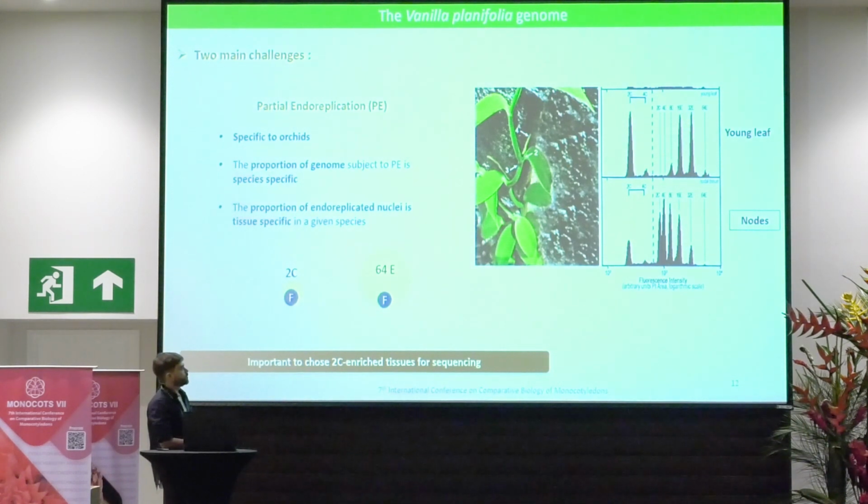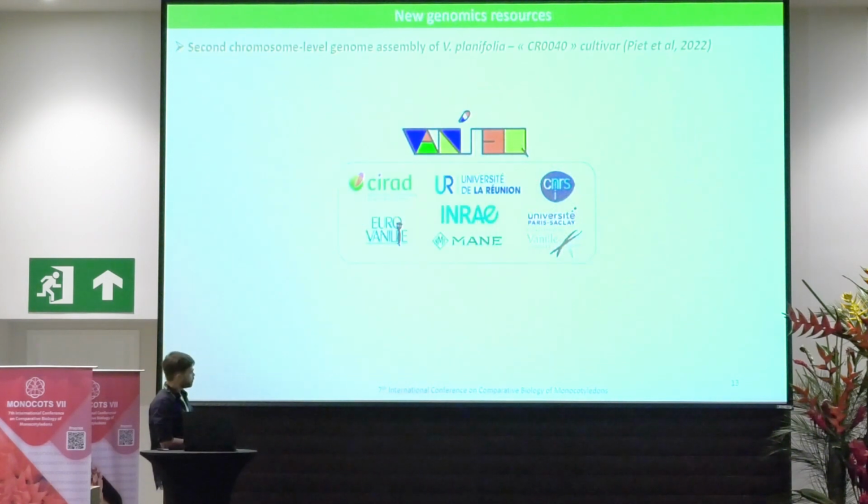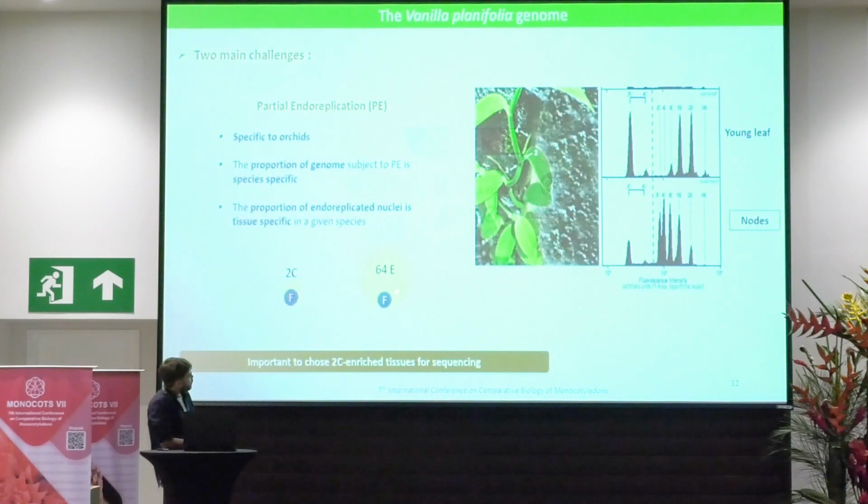So if you don't choose a 2C enriched tissue for the sequencing, you'll find that this portion of the genome will be underrepresented, and you risk missing it in your final assembly.